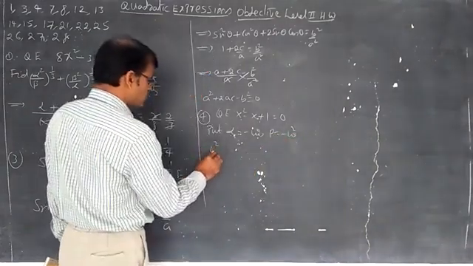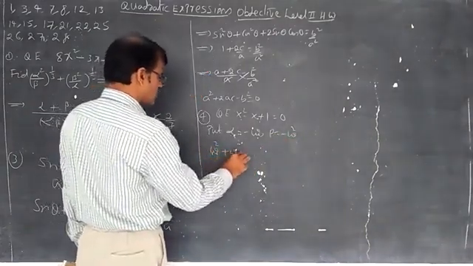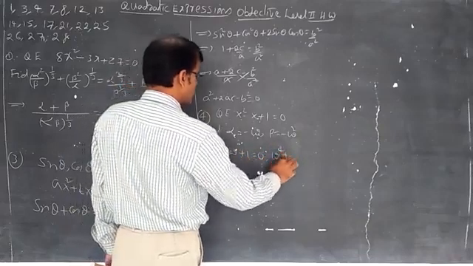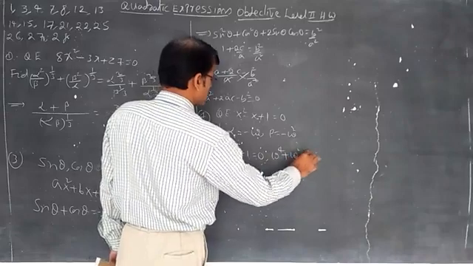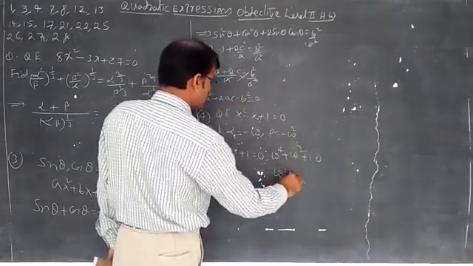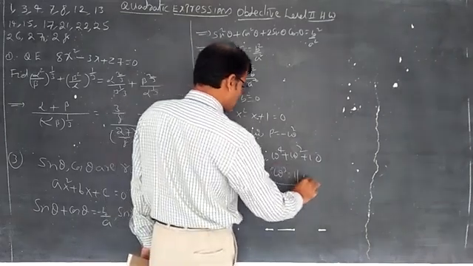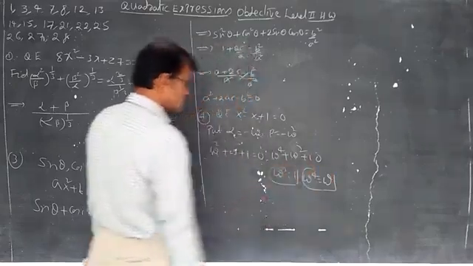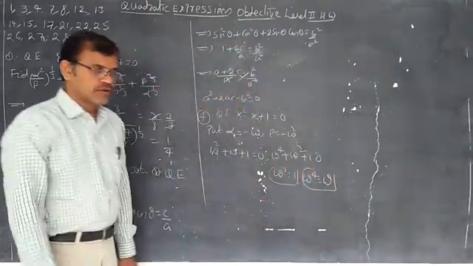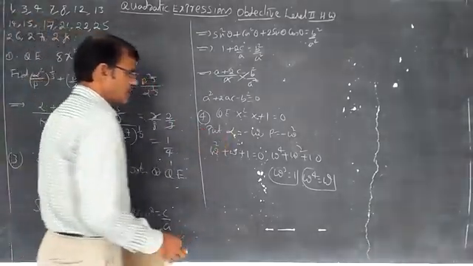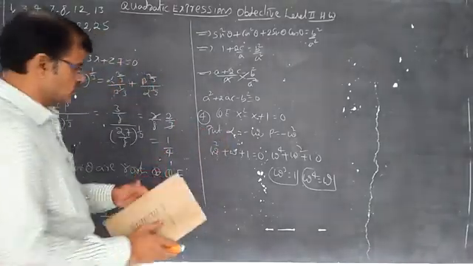Then it becomes omega square plus omega plus 1 equal to 0, and omega power 4 plus omega square plus 1 equal to 0. Since omega cube is equal to 1, omega power 4 becomes omega. So alpha equal to minus omega and beta equal to minus omega square satisfy the equation.